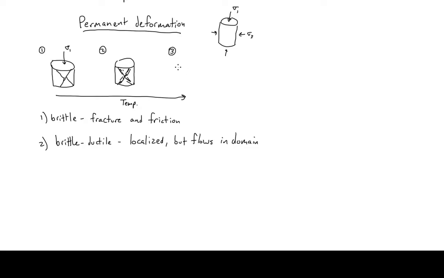And then our third case, the whole sample is smushed, relatively homogeneously. That's what happens when the temperature gets the hottest, and we call that ductile.